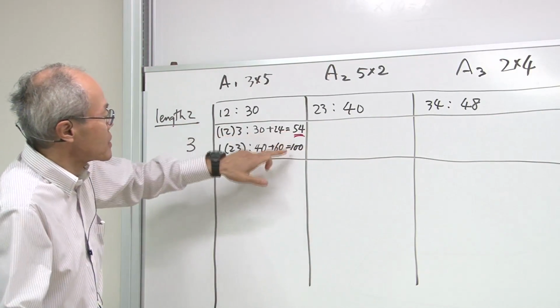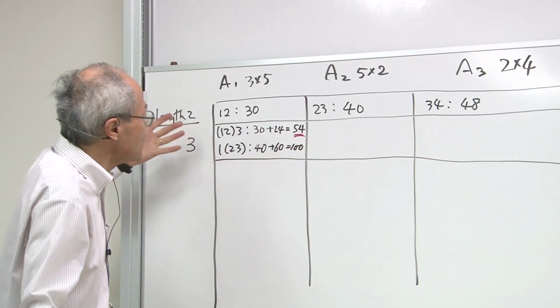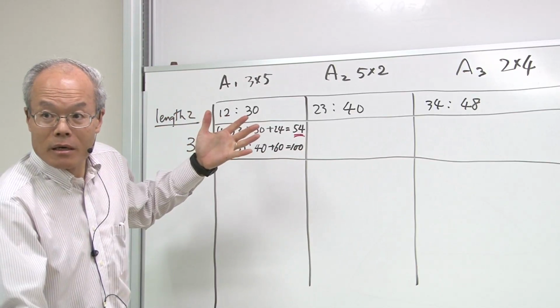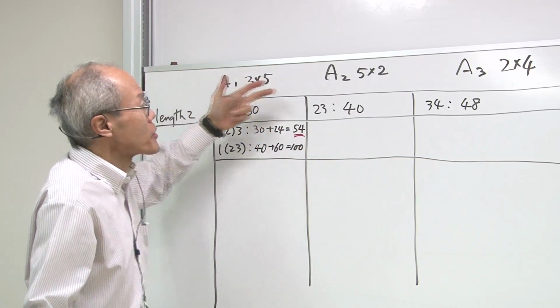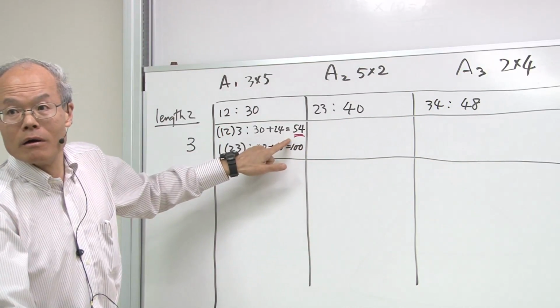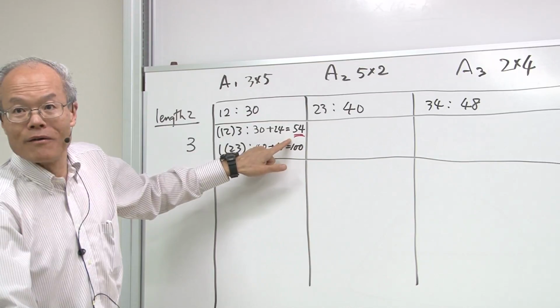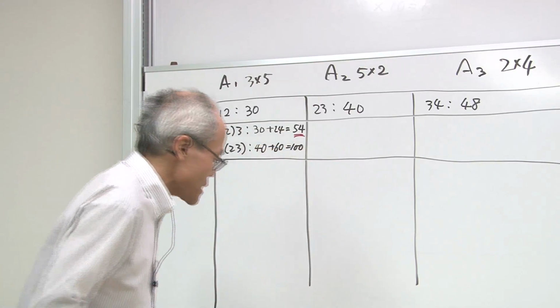So this order is better than this one. So the complexity for multiplying A1 through A3 is 54. Right? Okay. Let's do the same thing.